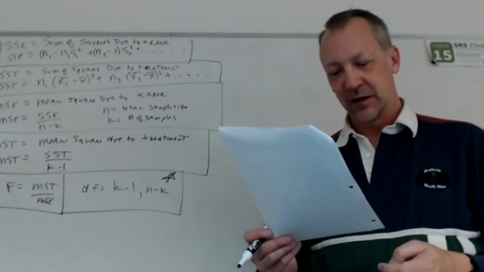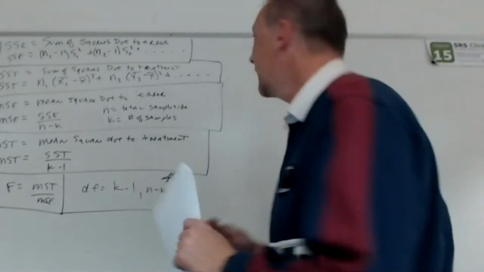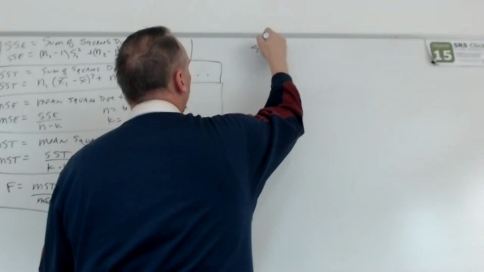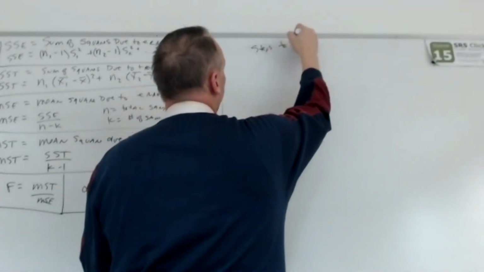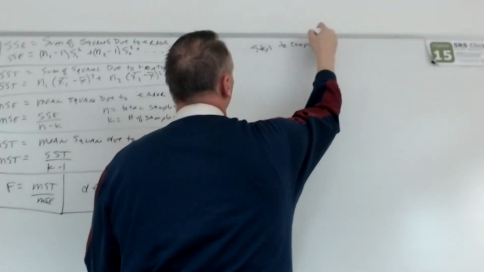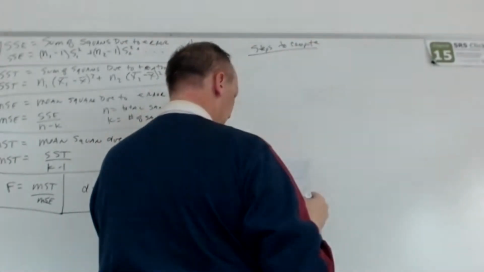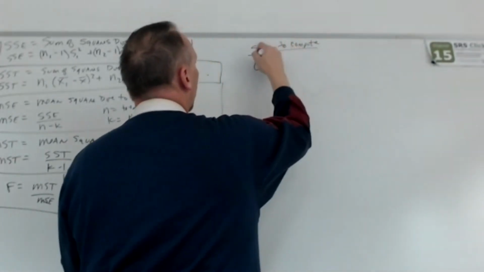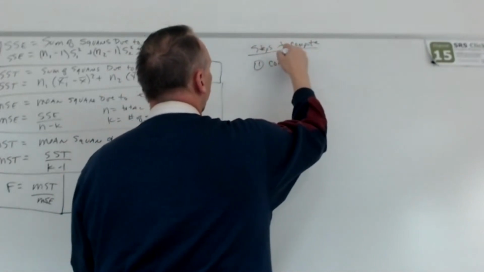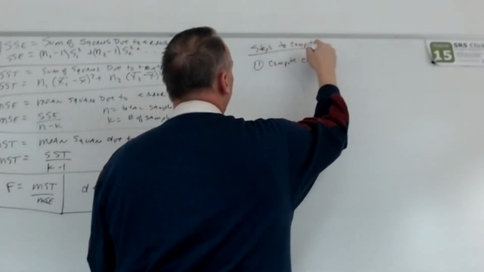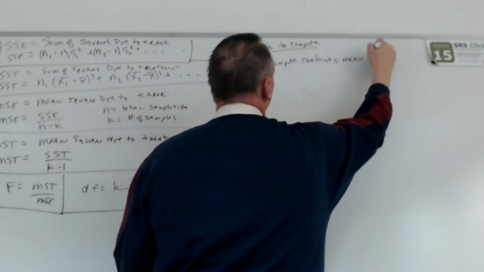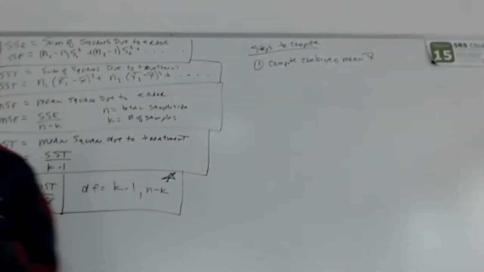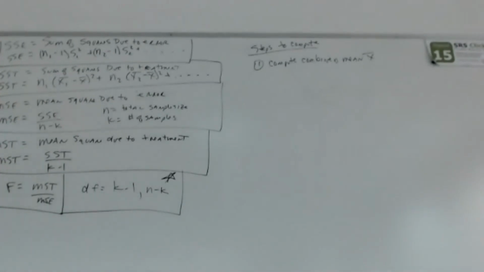Okay? All right, so let's talk about the steps to compute. Number one, compute the combined mean, and we're going to call that X bar. Okay? The mean of all your data together combined.